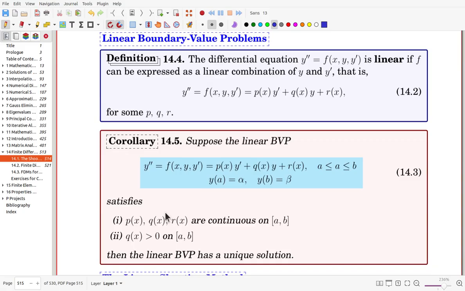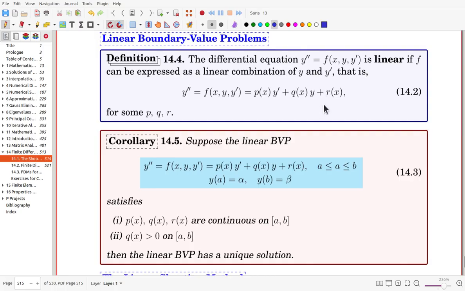Among those boundary value problems, we'll consider the linear case. The differential equation is linear if f can be expressed as a linear combination of y and y'.